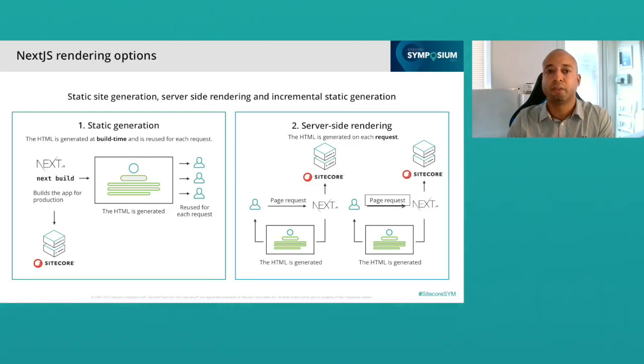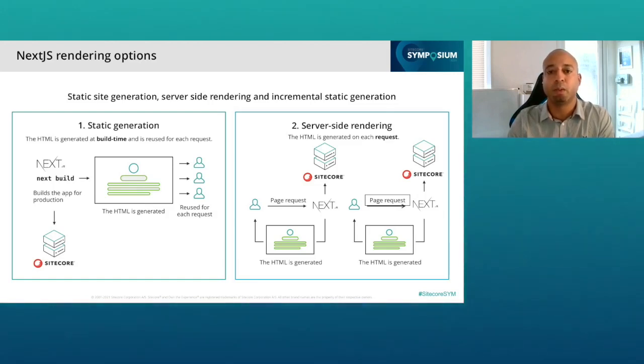We don't have to rebuild our entire static site just because one part of the site has changed. In fact, we don't have to rebuild our sites after the initial build when taking advantage of ISG. Next allows hybrid sites, using static generation for some parts of the site and server-side rendering for others, depending on which rendering mode is more suitable for the business requirements.